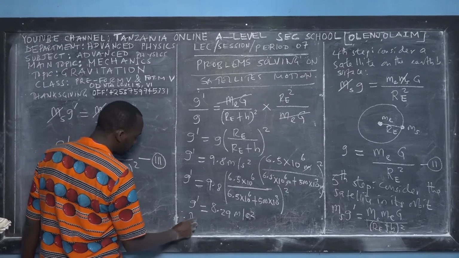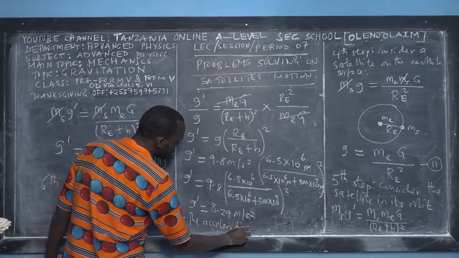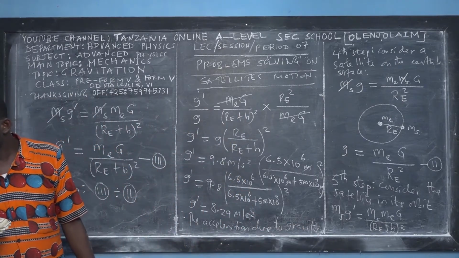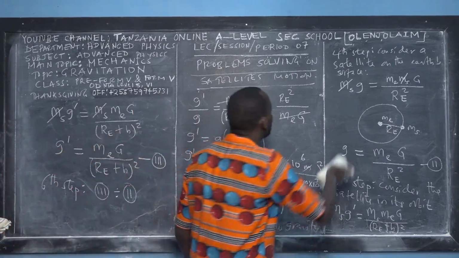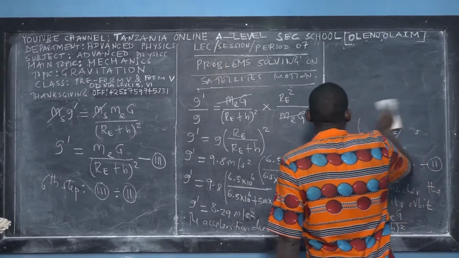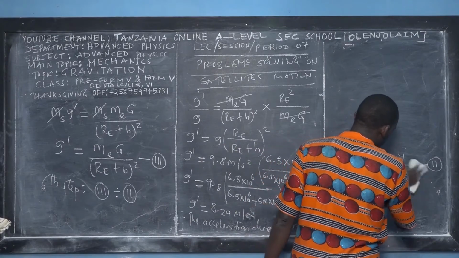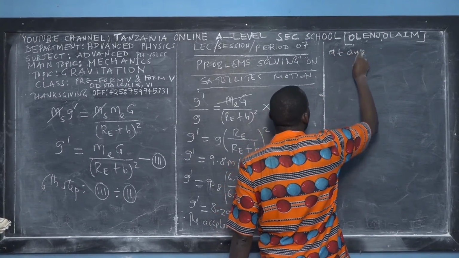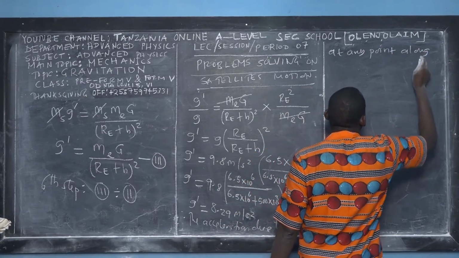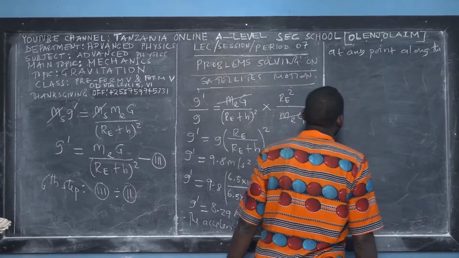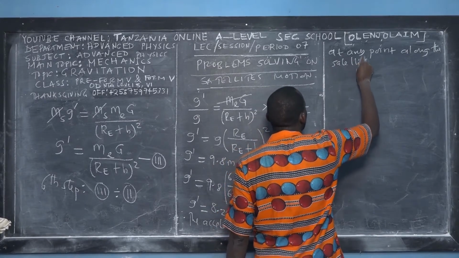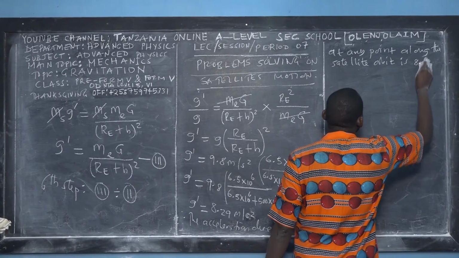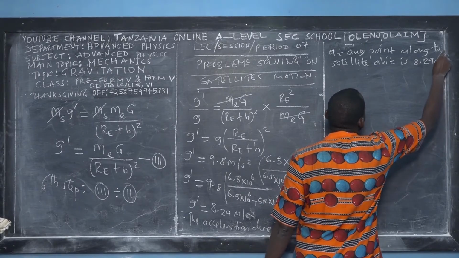So you say that therefore the acceleration due to gravity at any point along the satellite orbit is 8.29 meter per second square.